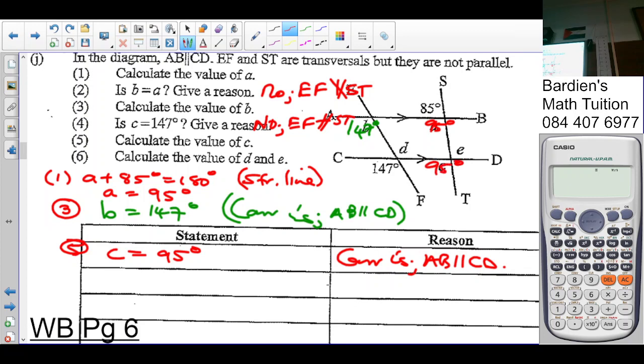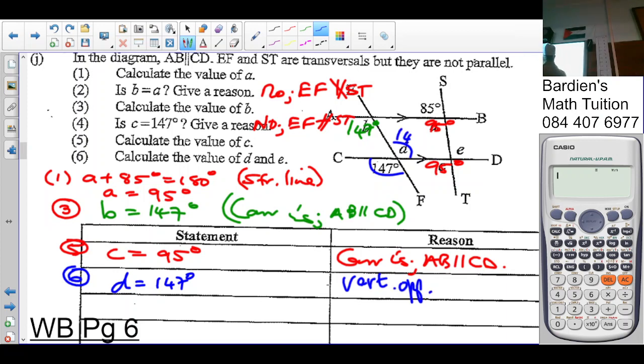Then it says calculate the value of D and E. Let's go with D. This is now number 6. How are you going to calculate D? D is vertically opposite. So D is equal to 147. Why? Vertically opposite angles.